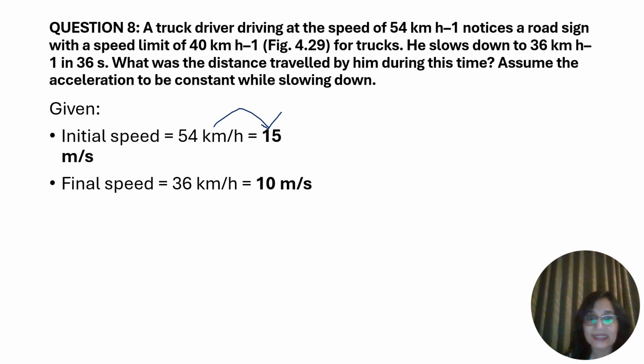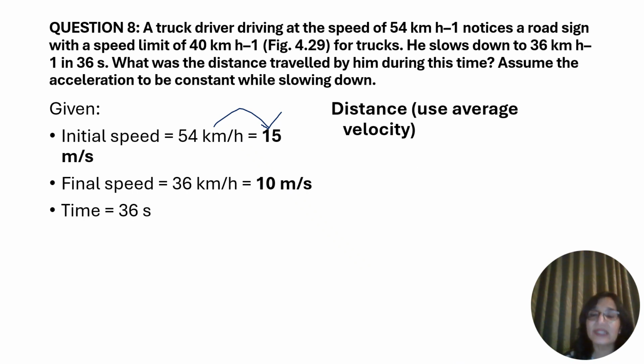It is 36 km per hour, which is converted into meter per second, and when you calculate, you will get 10 meter per second. What is the time mentioned? It is 36 seconds.